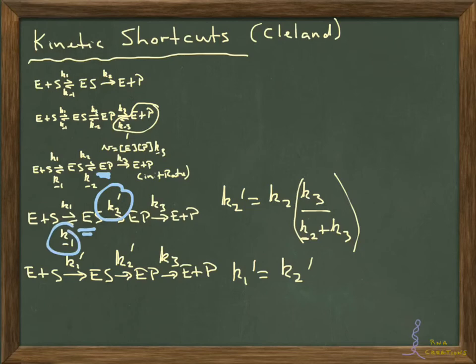Oh, sorry, I messed up here. This should be k1. So it's k1 times the partitioning for ES, and that's k2 prime over the sum of k2 prime and k minus 1. And then once you have all this, let me shrink this down.